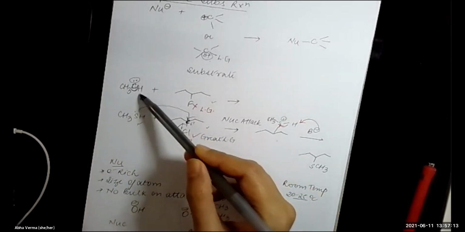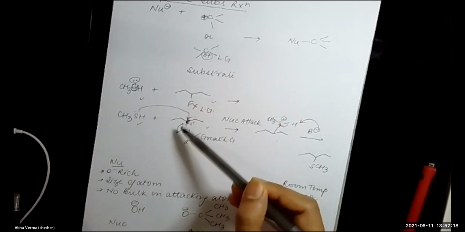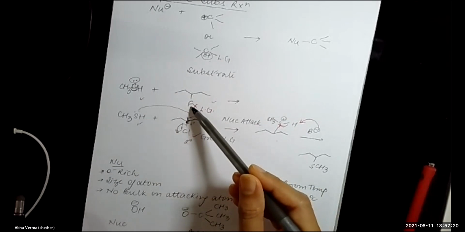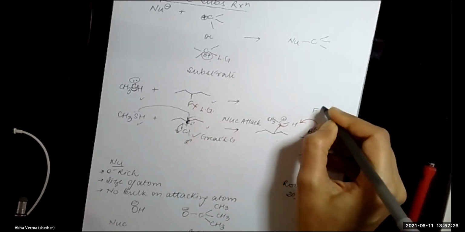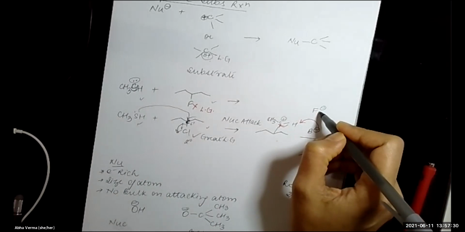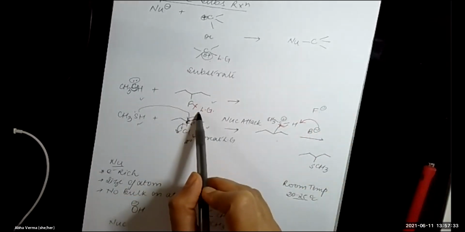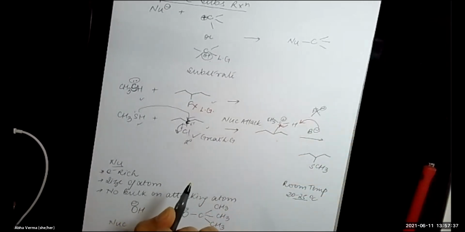Why? When the conditions are almost exactly the same, the only thing that was different was the leaving group. And we know that because F will be held up tightly and F is not considered a weak base, it is considered a strong base. We still know that this is a bad leaving group.